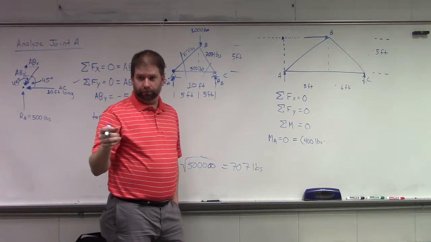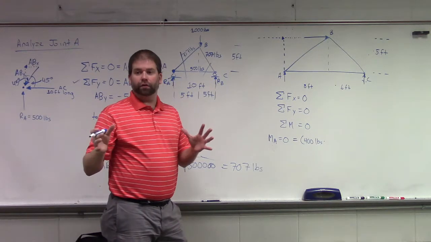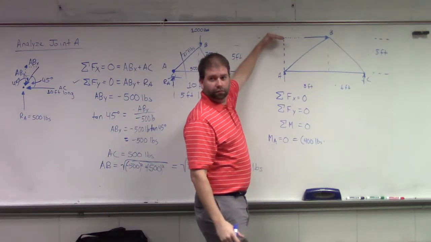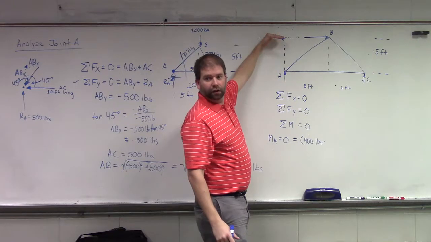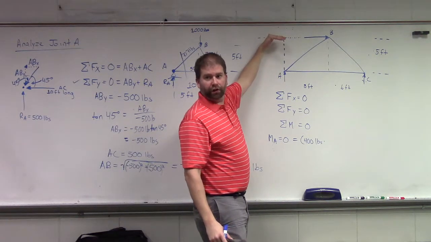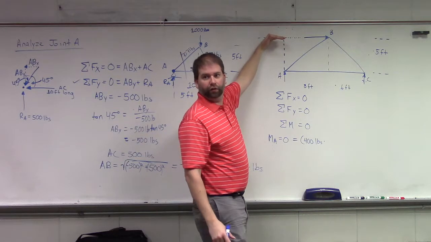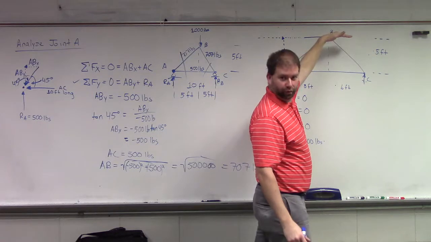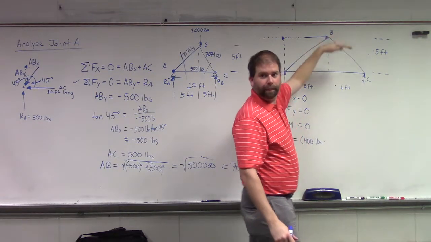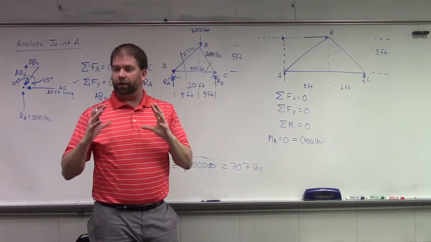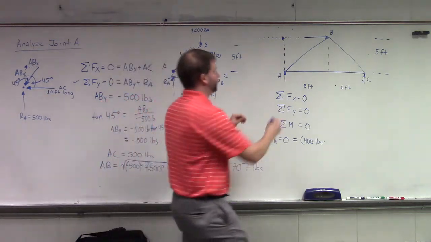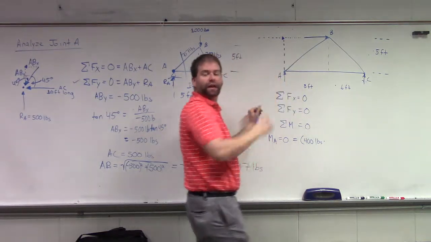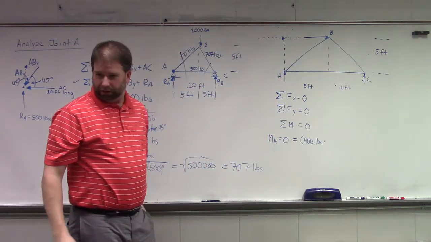I agree with you, but keep in mind, if we have a 400-pound force here, think about when it exerts force on the truss. It's not going to exert the force here, it's going to exert the force once it reaches the joint. In calculating a moment, we're only interested in a linear foot in the same plane. Does that help? Yeah. Okay.